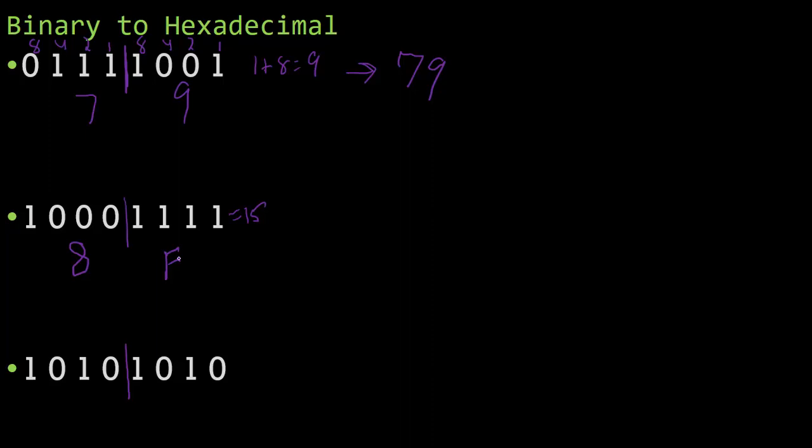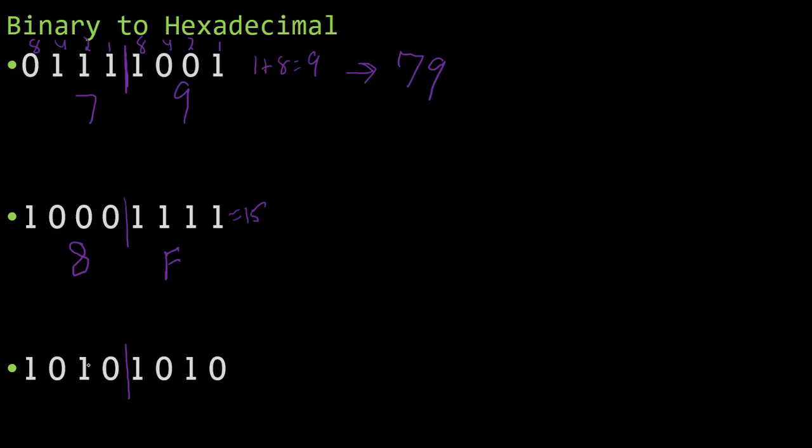If I'm counting in denary, I go 0, 1, 2, 3, 4, 5, 6, 7, 8, 9, 10, 11, 12, 13, 14, 15. If I'm counting in hexadecimal, 0, 1, 2, 3, 4, 5, 6, 7, 8, 9, A, B, C, D, E, F. F being my maximum value.